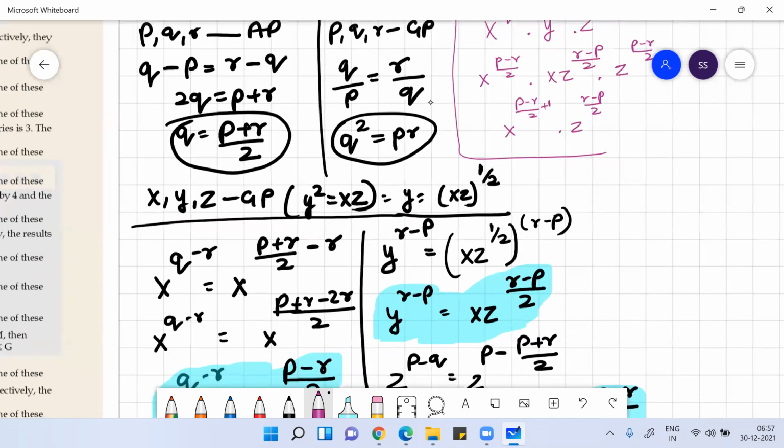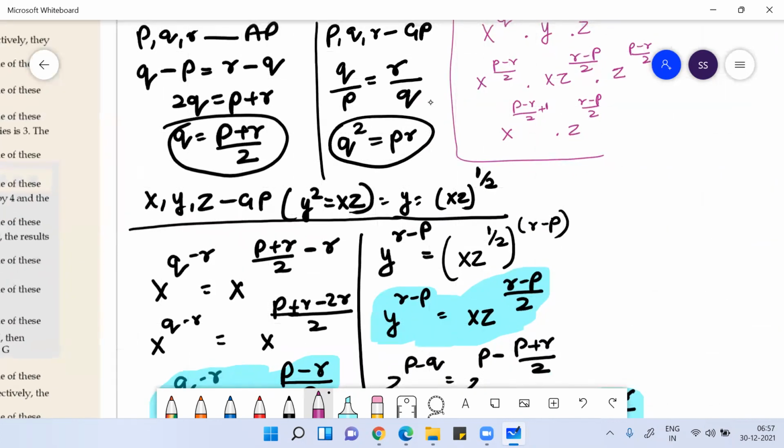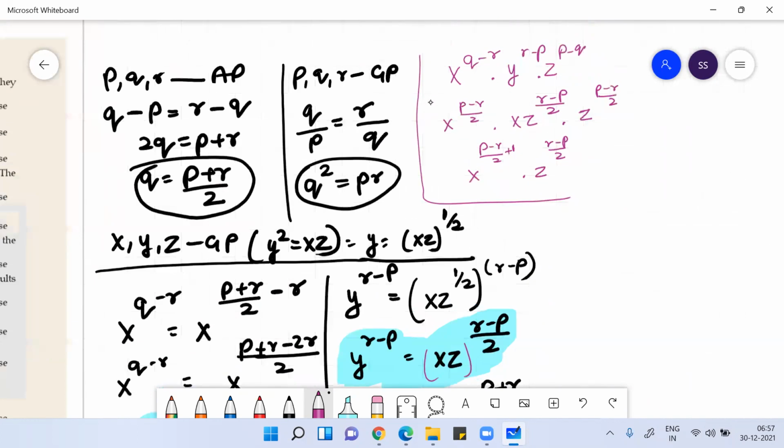So this is xz, and this is a power for all, the same power for both of them. So this would be x to the power p minus r by 2 plus r minus p by 2. For z, this would be r minus p by 2 plus p minus r by 2.